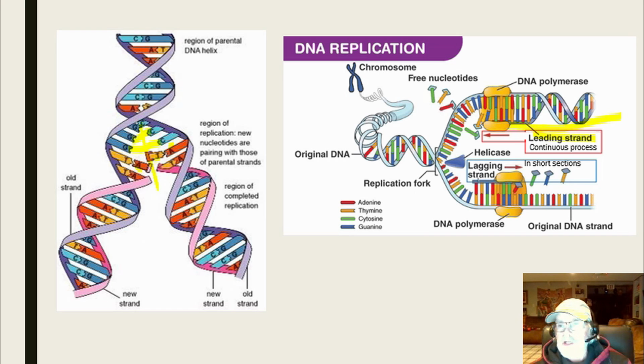Once it unwinds and unzips, it builds this way up. Then there's what's called the lagging strand, the opposite strand, and it goes this way. It builds from this way down. Why? I don't know. Again, just to play with our brains. But you don't have to remember that.